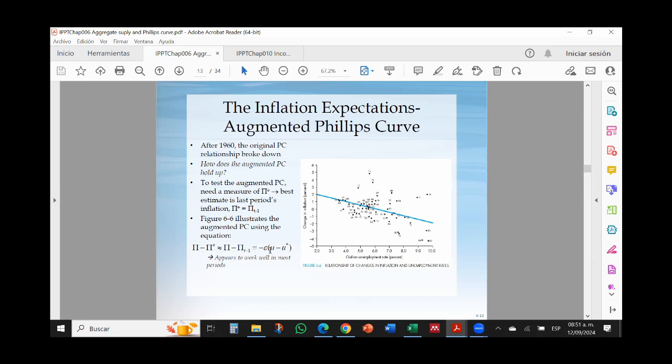And therefore, the unemployment above this 5% is what should be explaining, or should have a relationship with, your inflation minus your expectations about inflation. In this simple equation that means inflation of the previous year. Well, let me come back to Excel.